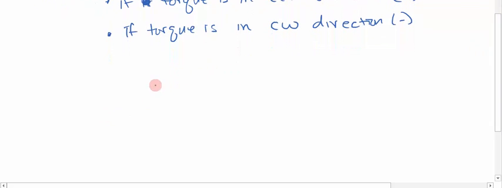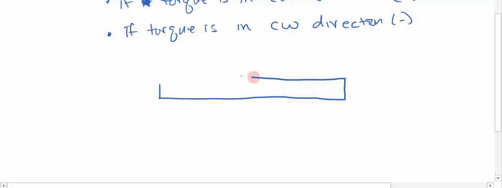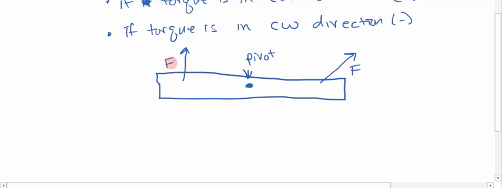So you can imagine that we have our bar here again. Just pretend it's uniform, and say our pivot's right there. To make things easier, say I have one force going up this way and another force also going up this way.